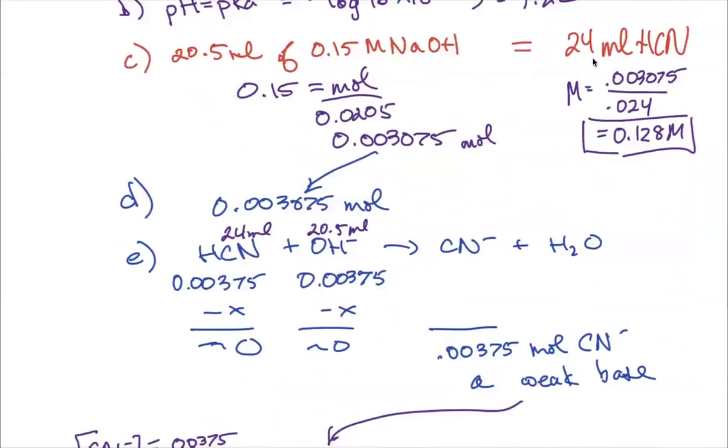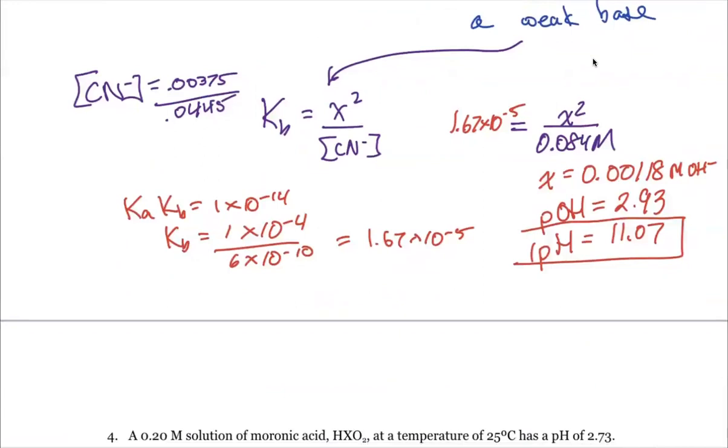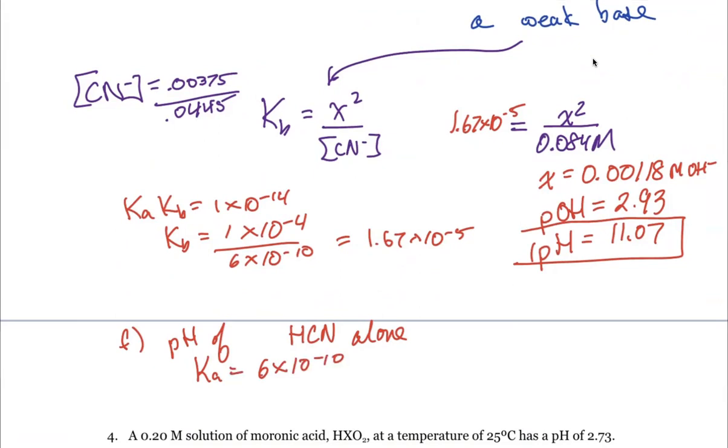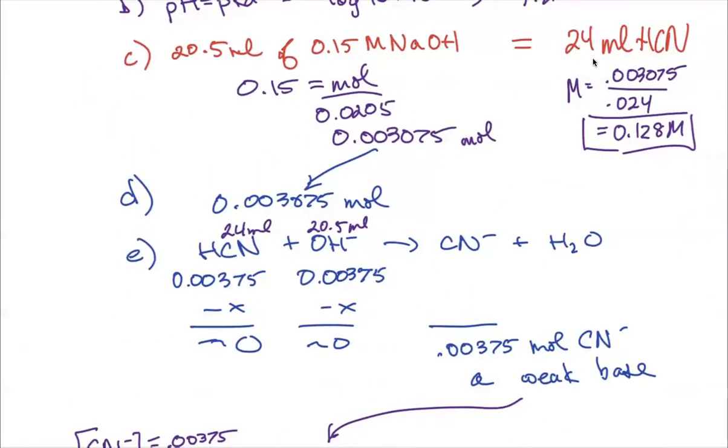Starting pH of the titration. That means I want the pH of the HCN alone. I know that the HCN has a Ka of this. And earlier I figured out what its molarity was. So let's go back up here. This number here.